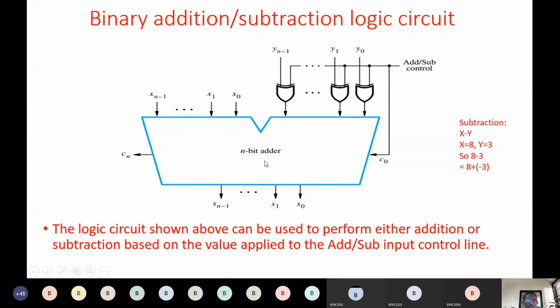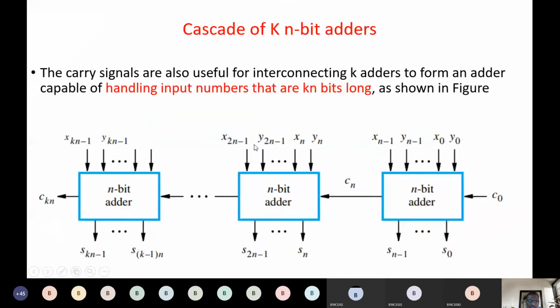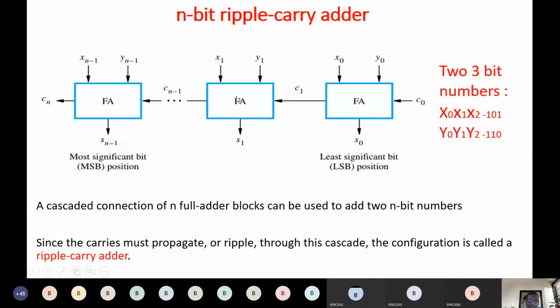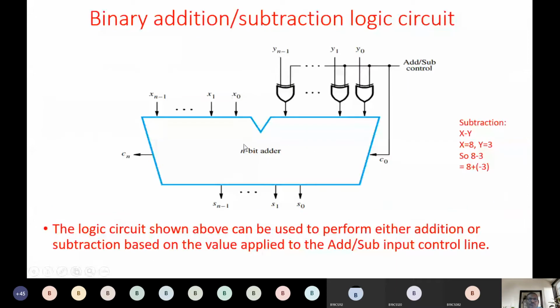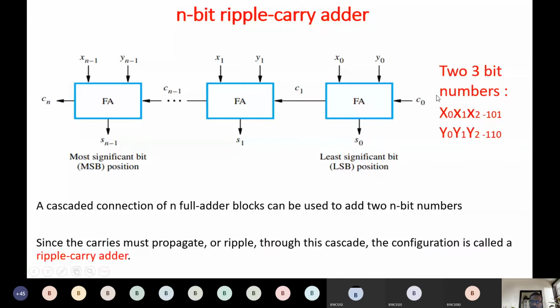Remember, this is an n-bit adder, the same n-bit adder we had seen before. This entire adder is represented in the single block in this diagram. For example, if we have 3-bit numbers, we have 3 full adders.